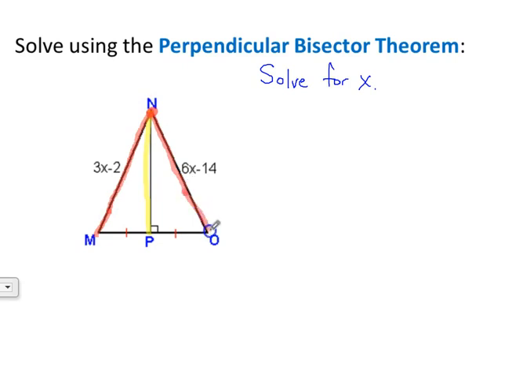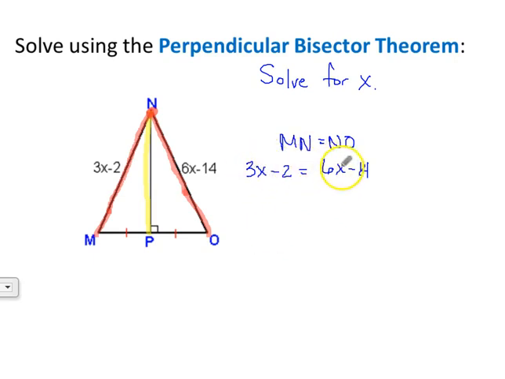So using the perpendicular bisector theorem, we know that the length from M to N has to be equal to the length from N to O. Well, now we can just substitute in the equations given for each of those segments. So I'm just substituting in those given lengths, and now I have an algebraic equation that I can solve for x.